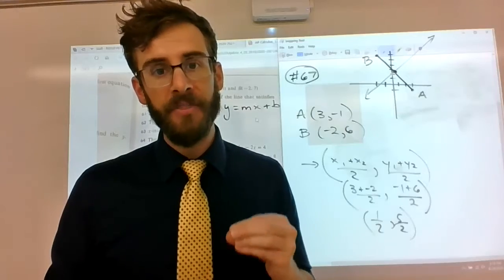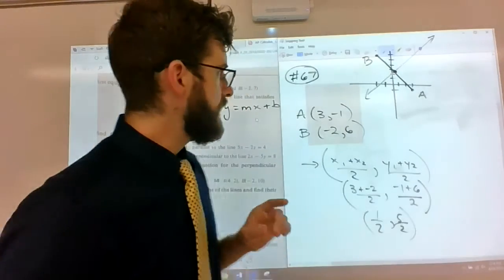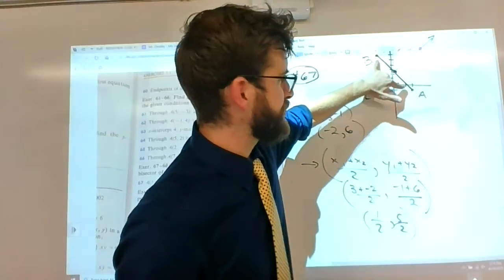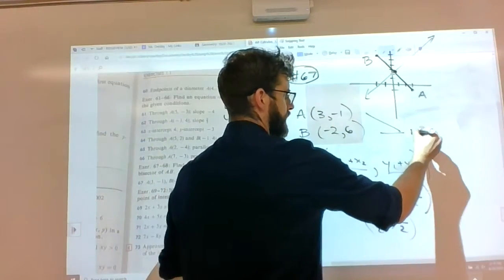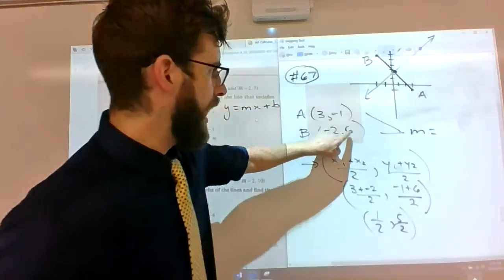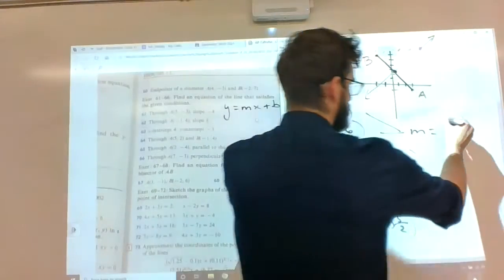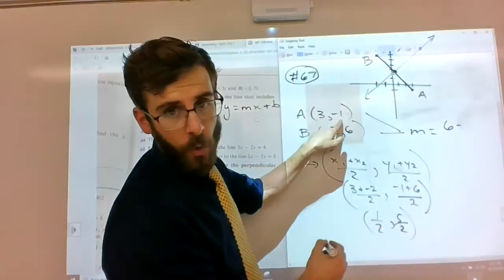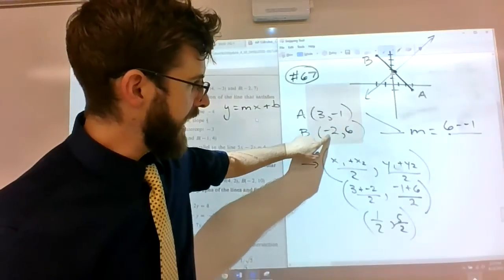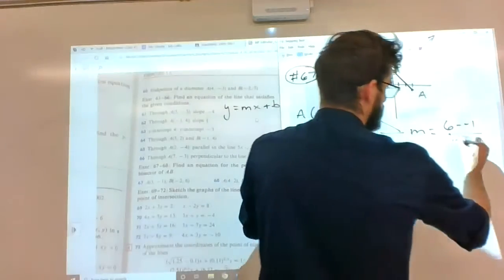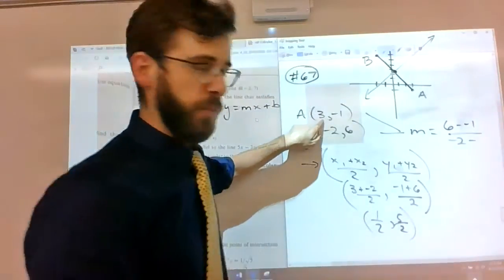And it's all about the slope. All right? If we figure out the slope of AB, okay, so let's do that first. So y2, 6, minus y1, -1, divided by x2, -2, minus x1, 3.